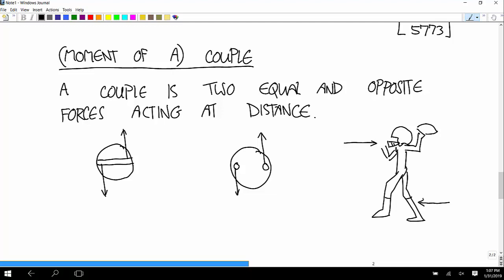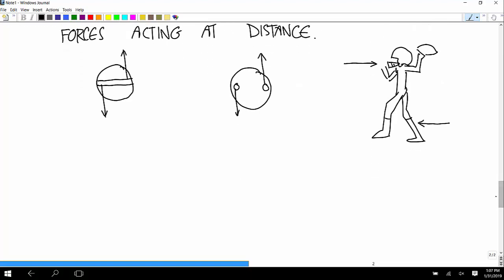You have two equal and opposite forces acting at a distance, and it causes a rotation. You can think of a couple as a pure moment.